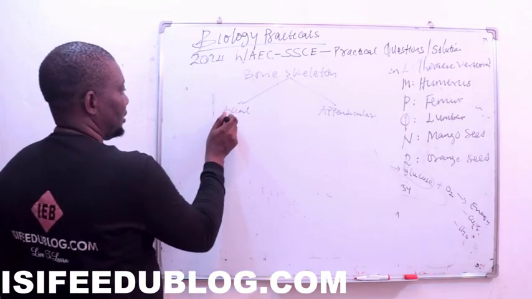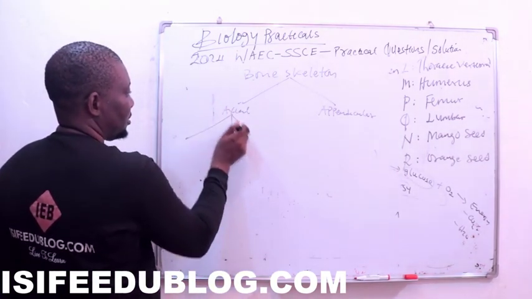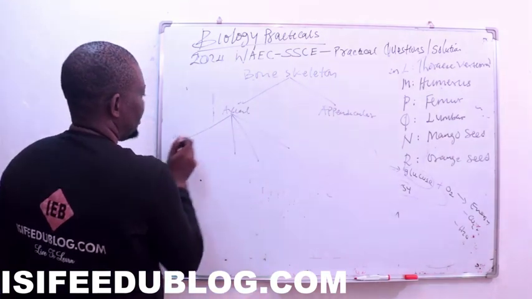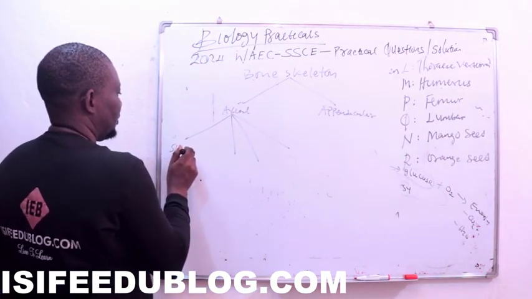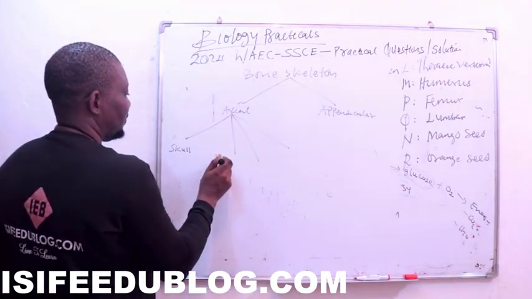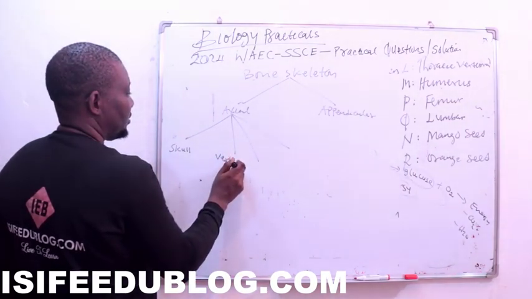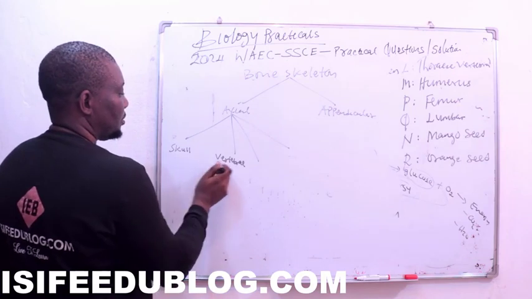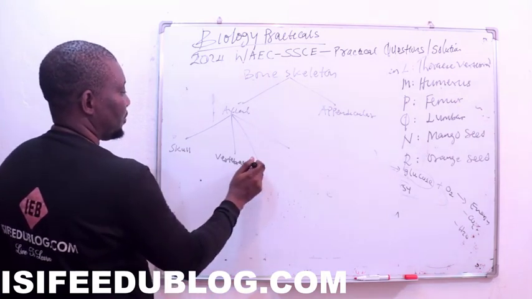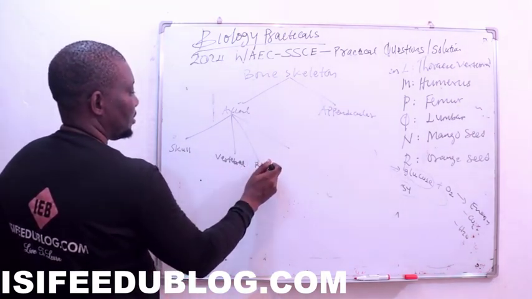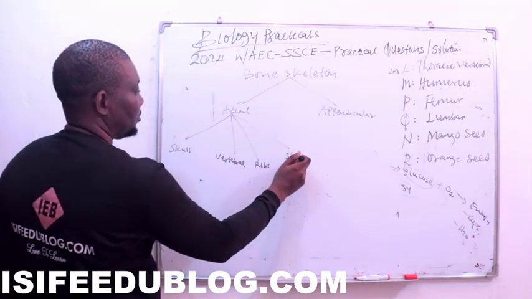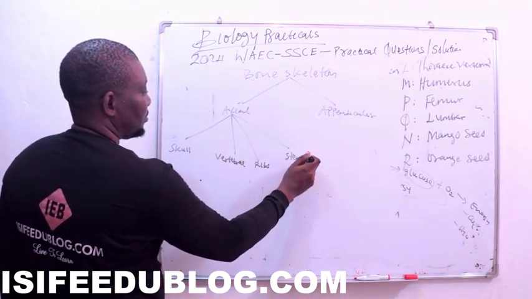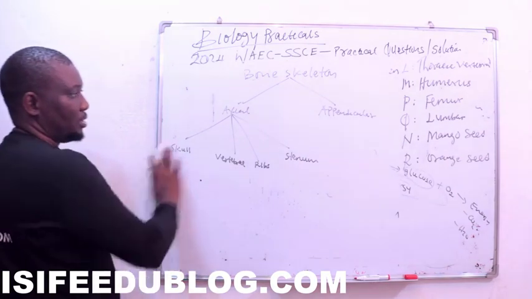The axial skeleton is of four categories. Here we have the skull, here we have the vertebral bone, here we have the ribs, and here we have the sternum, or breastbone. So it's four.